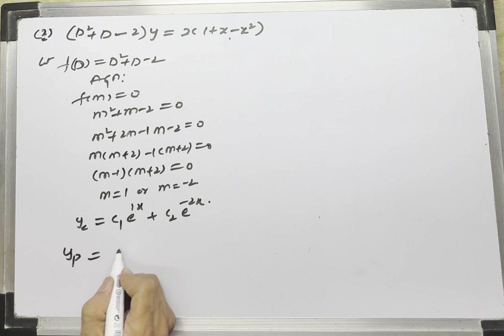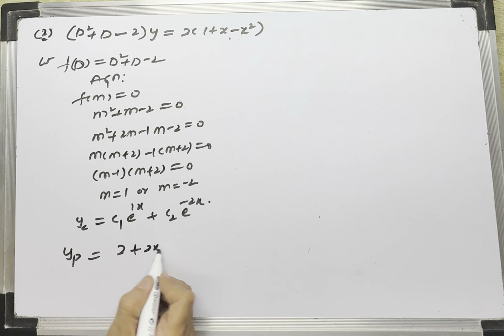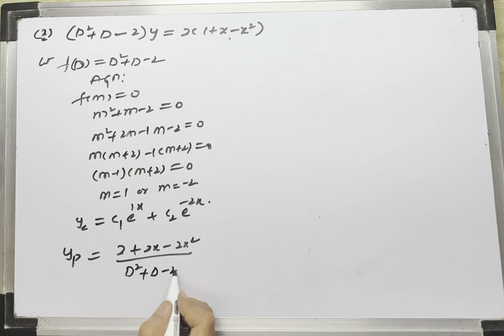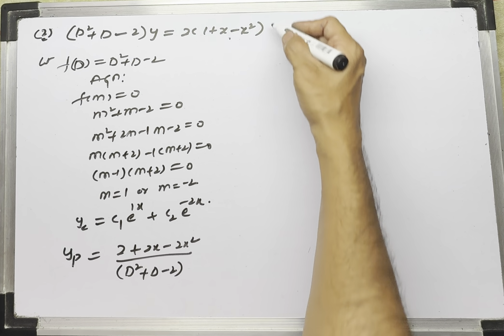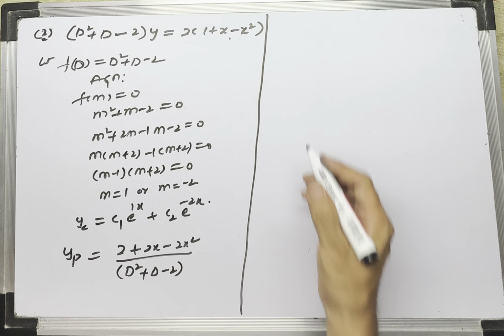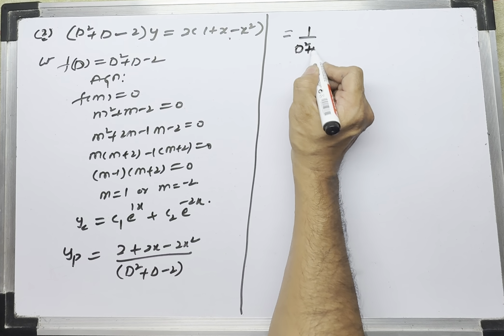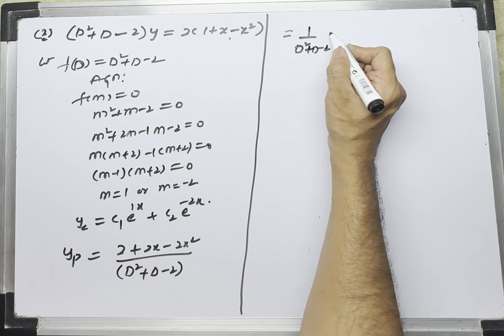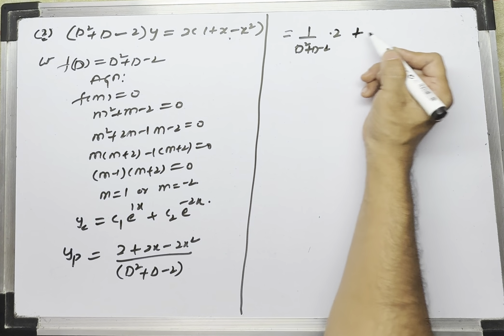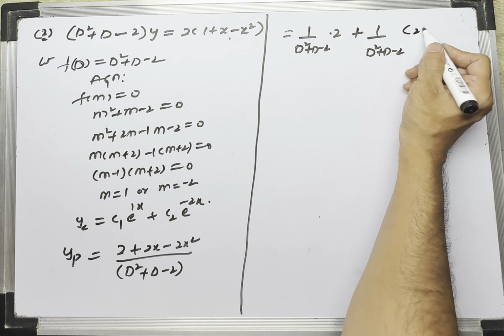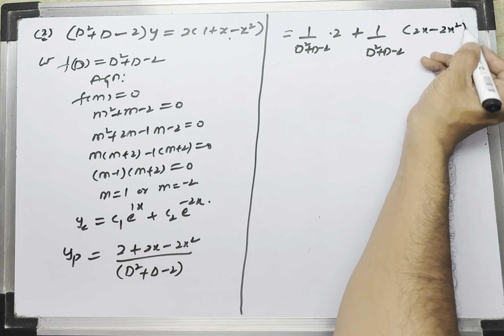After yc we will have yp. yp equals 2, I am multiplying all the values there, divided by this D square plus D minus 2. One by D square plus D minus 2 into 2 plus 1 by D square plus D minus 2 into 2x minus 2x square.